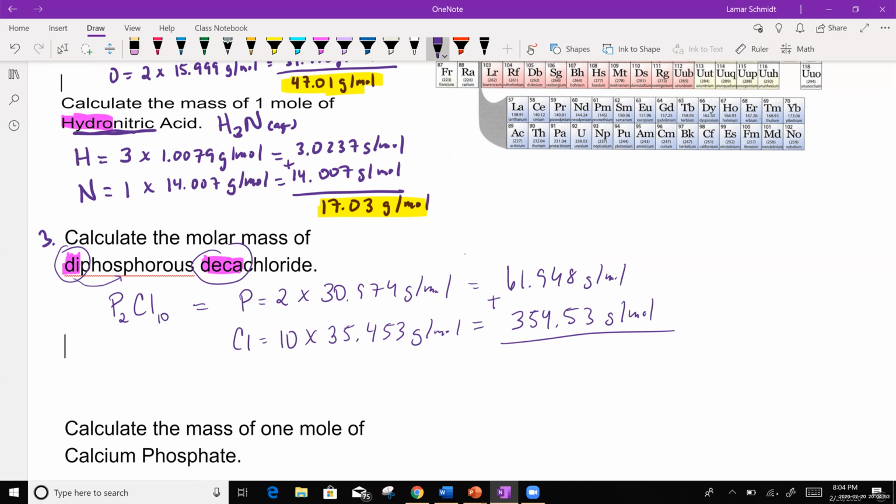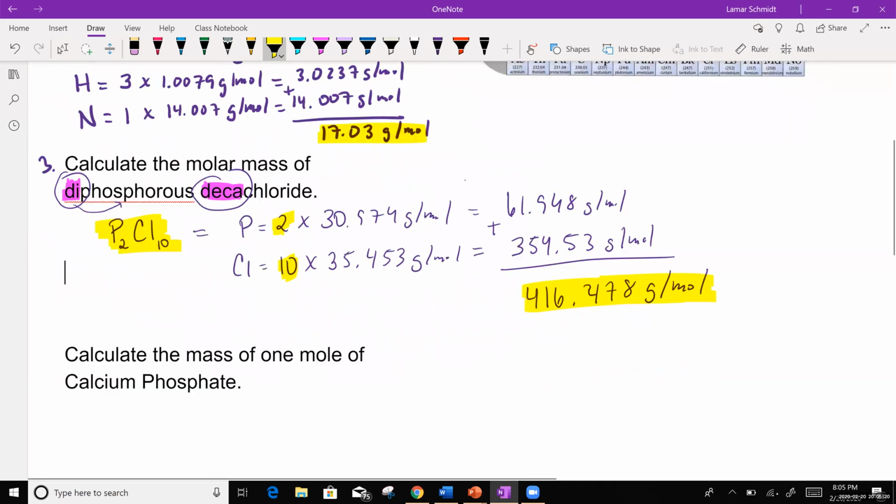And you should get 416.478 grams per mole. So the first step into answering any of these is to make sure that you get the right formula. You have to make sure this formula is right, because if you're off on any of these numbers, then you're going to be off in your final answer. So make sure you're paying attention to that.